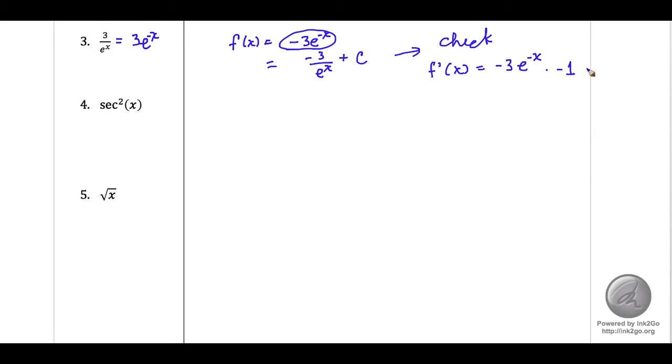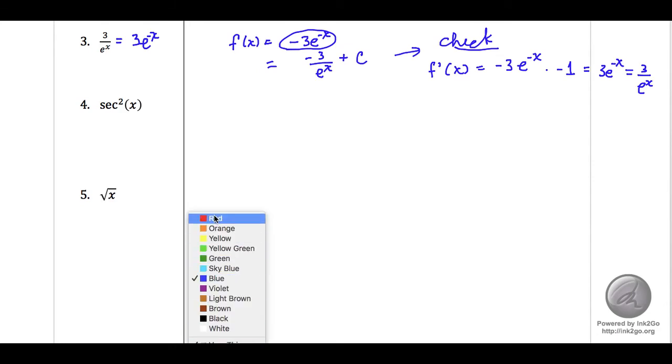So the negatives would cancel, and I would end up with 3e to the negative x, or 3 over e to the x. Okay, so again, the beauty of taking these antiderivatives is that it's always very simple to check, because we just have to take the derivative.